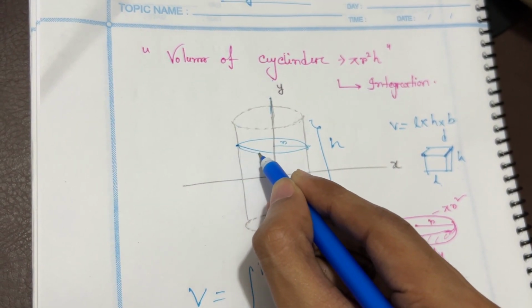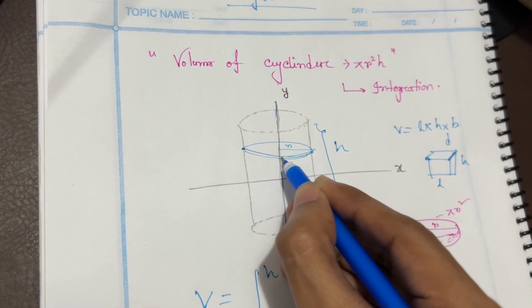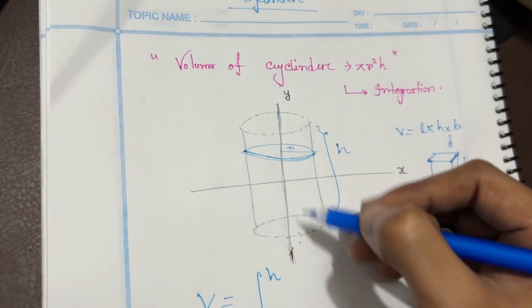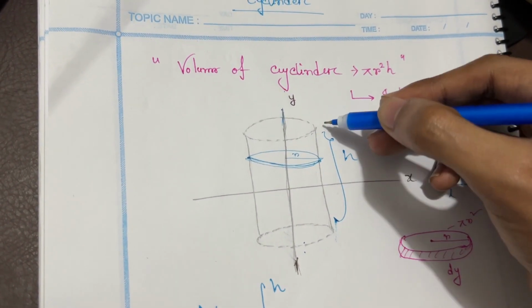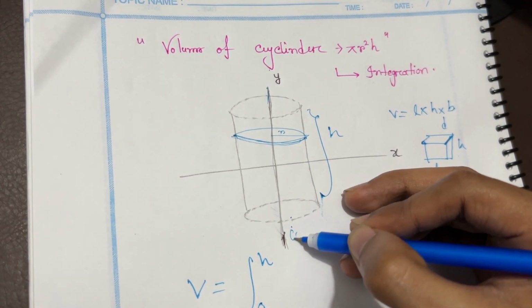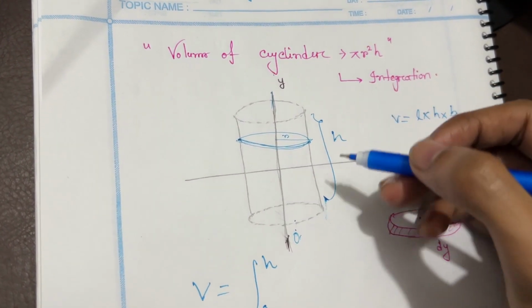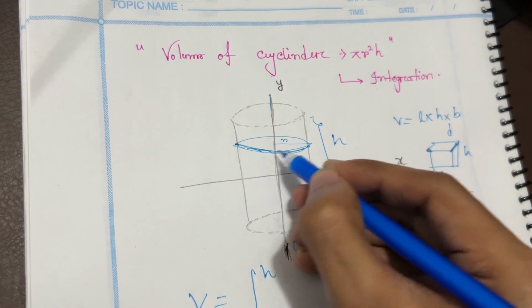And it has its depth, which you can say is dy, because it's along the y-axis. As you can see, we are integrating along the y-axis from 0 to h, so this depth is actually dy.